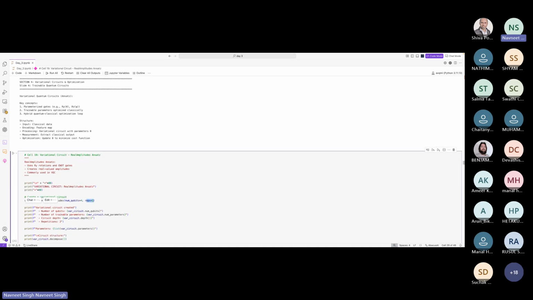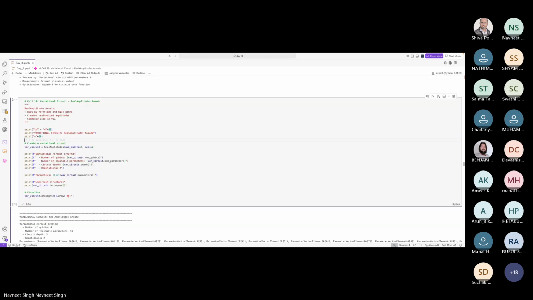If we do not give the entanglement explicitly, then by default it may not use any entanglement, or in some cases it will be full entanglement. That means each qubit is linked with every other qubit. So it is like this.